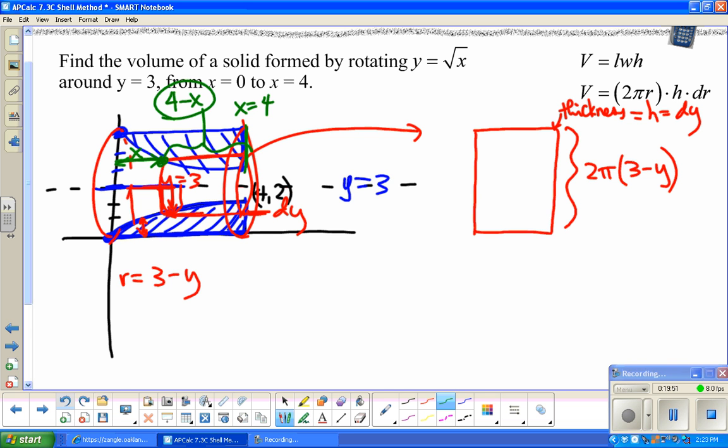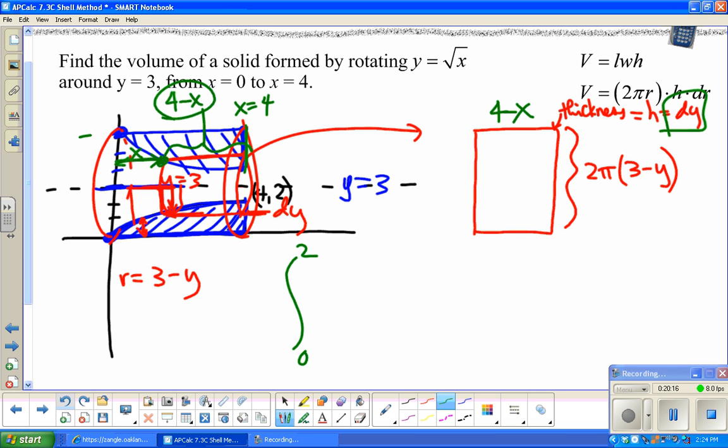Now, sorry, that should be right here, 4 minus x. Since so much of this is about y, like especially the fact that the thickness is about y, the rest of it has to be about y. Okay, so if I do a little adding up, I'm going to go from a y value to a y value.